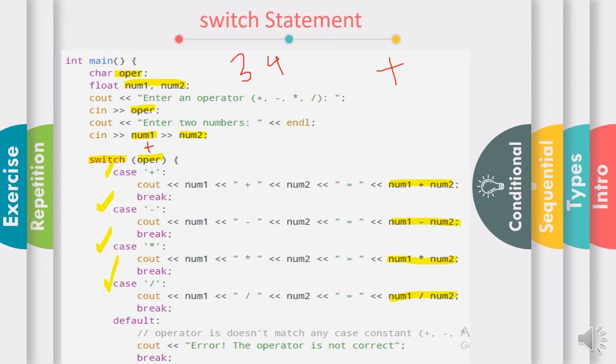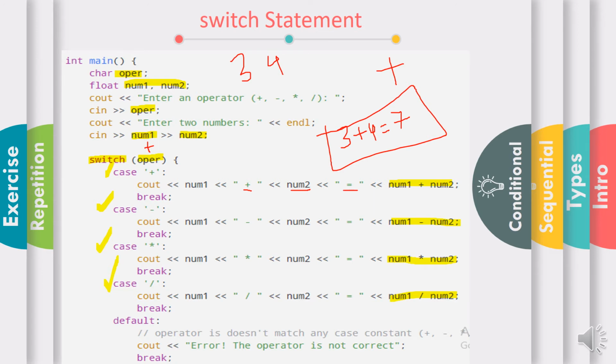So, the output will be displayed as 3, then for this plus, it will write the plus operator on the screen. Then number 2, the second number is 4, then it will print the equal sign as it is, and in the end it is looking for the instruction, that is number 1 plus number 2, which will make it 7. So, this will be the output of this program.